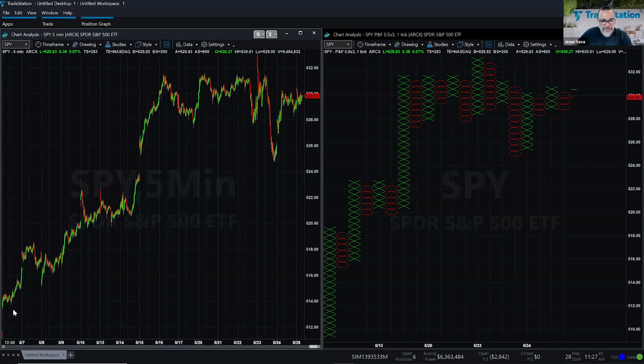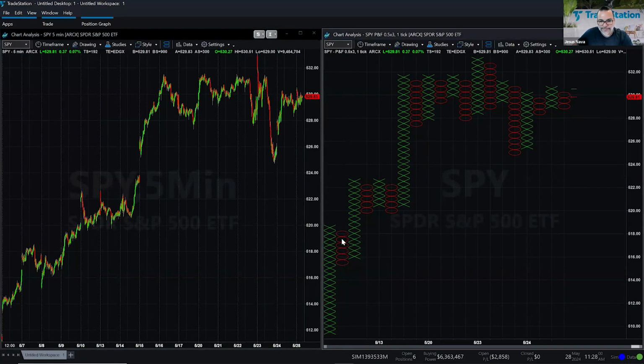So in this area from 5.7 to, let's say, 5.8, we have an upswing. This is 5.8 right here. It got to a point that the price dropped enough for the point and figure to consider it a significant reversal. And that's exactly what happened here in this column of O's.